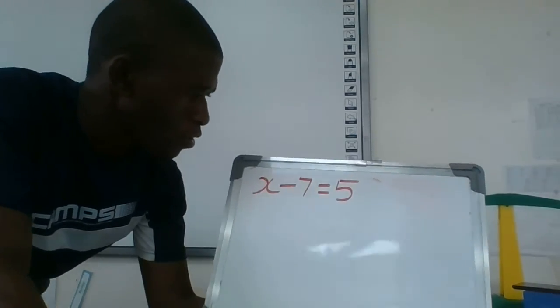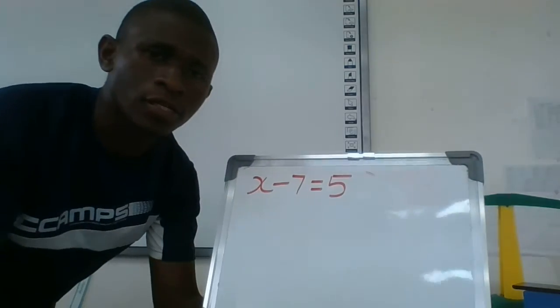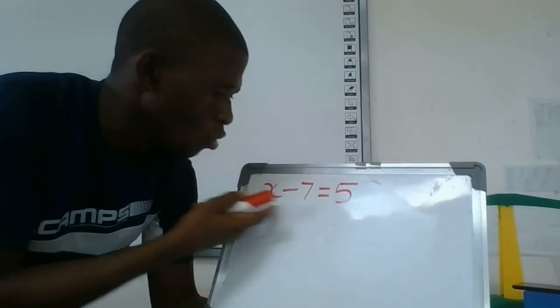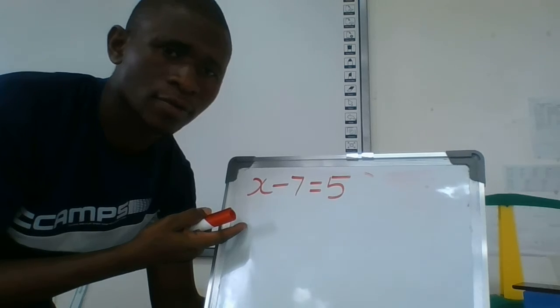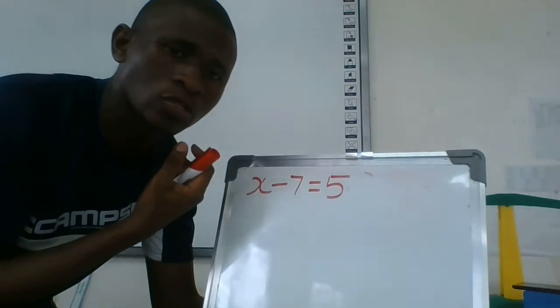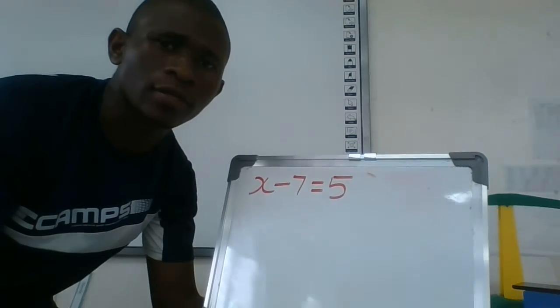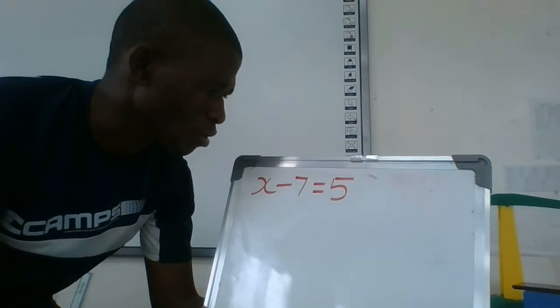Example 4, we have x minus 7 is equal to 5. Think, what can we do on this side so that we can remain with x? What we can do is the inverse of subtraction, which is addition. So what are we supposed to add?